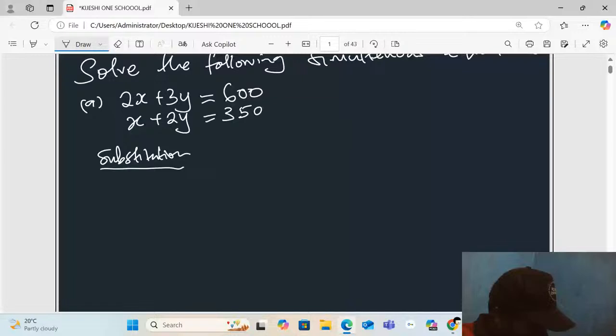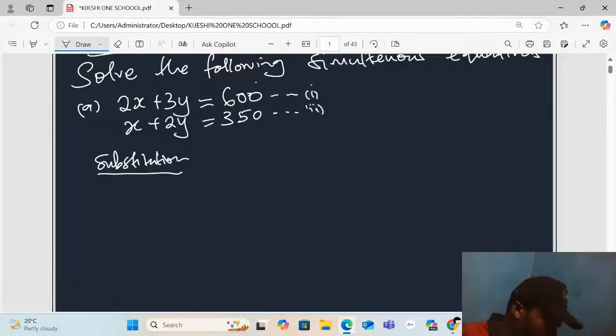We have equation 1 and 2. We can use equation 2, and we can use x as our unknown, so that we find the value of x.